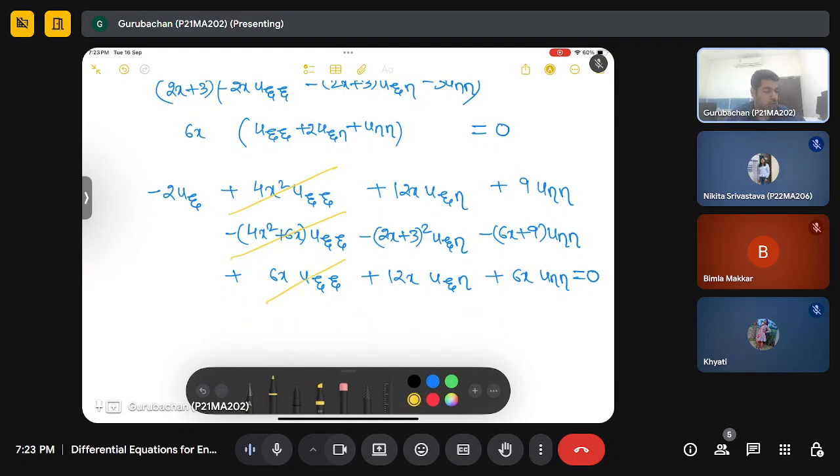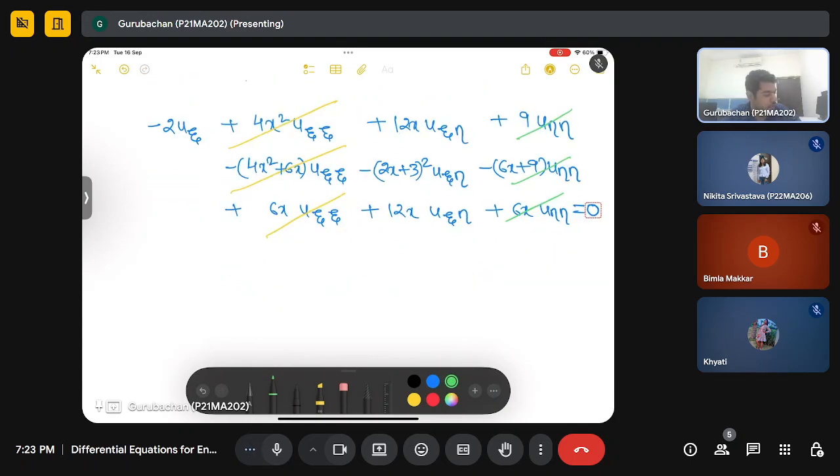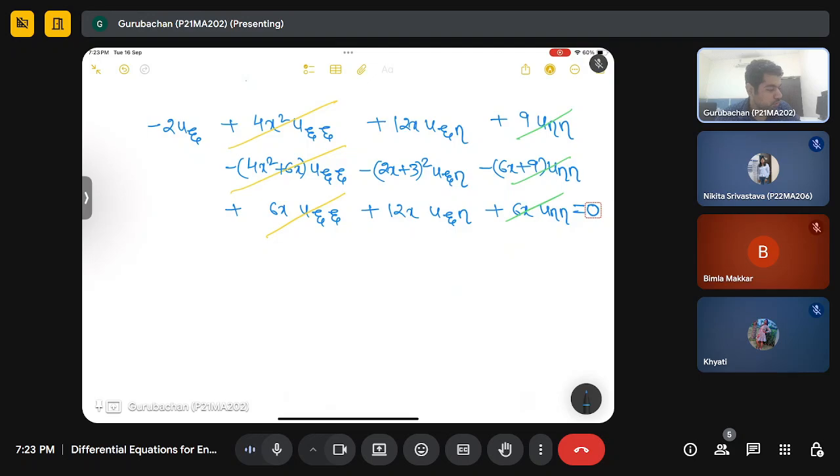And now let's see u_eta eta, this will be negative sign. So this 3 will cancel out. Now you will be left with u_xi eta, so this will be 12x plus 12x, that is 24x, minus (2x plus 3) whole square u_xi eta, minus 2 u_xi equal to 0.